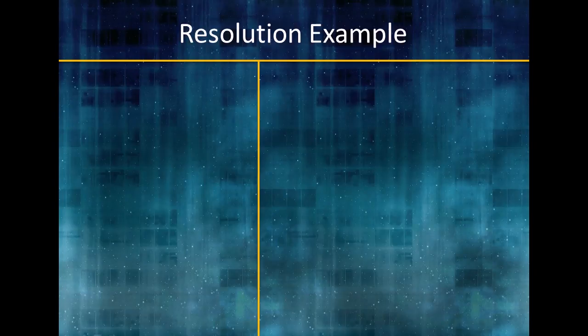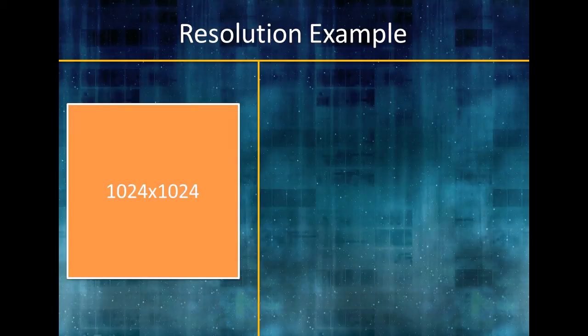I've put together an example here to show you exactly what I mean. So let's say, worst case scenario, your game specifications or your game engine limitations say that you can only have 1024 by 1024 texture resolution on screen at any time.